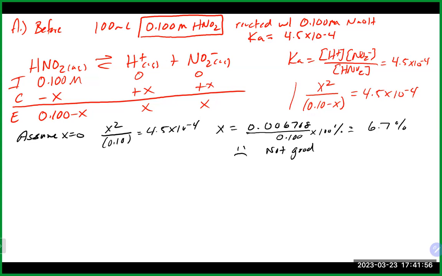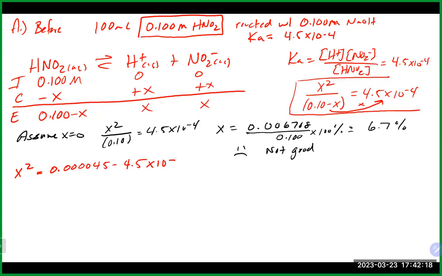So coming back to this here, we're going to multiply everything on the bottom to the other side. If we do that, that will give us x squared is equal to 0.00045 minus 4.5 times 10 to the minus 4 x. We're going to combine everybody to the same side.